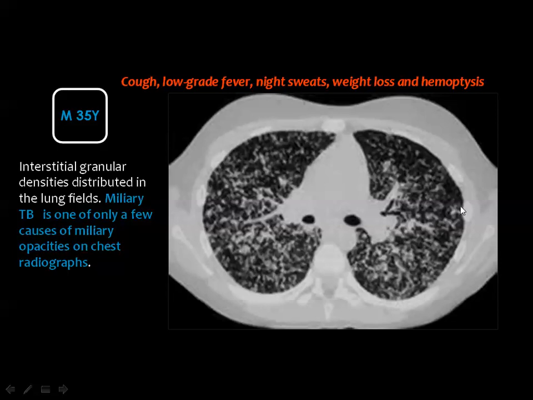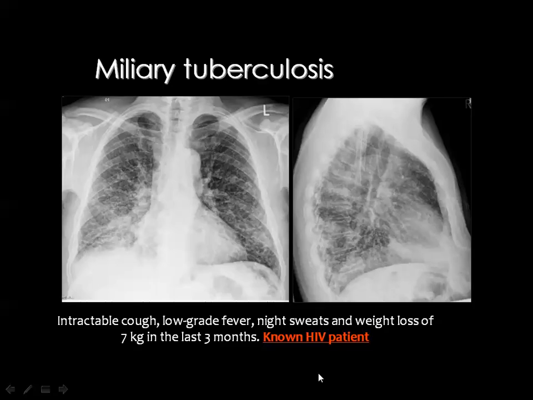At that time, you can see that there are miliary nodules randomly distributed throughout the lung in a patient with cough, low-grade fever, night sweats, weight loss, and pneumophthisis. Then this was a miliary tuberculosis. And this is one of the important statements in the literature that miliary TB is one of only a few causes of miliary opacities on the chest radiograph.